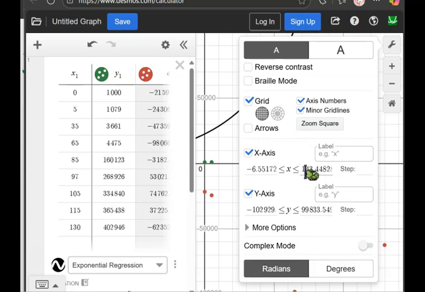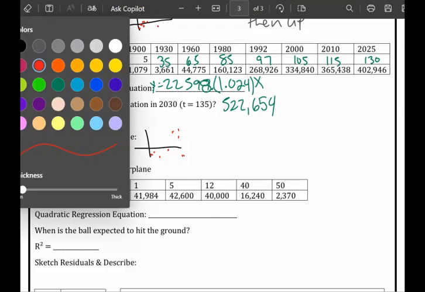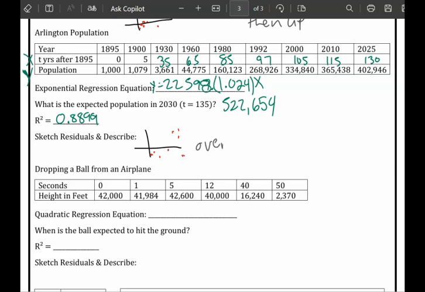But don't go too far out of bounds for either of the axis windows, or it will look like a straight line. Now, it's scattered right here and scattered up here and down there. This shows that it would be a decent indication of this model fitting the actual values. So we can write that overall, the residuals are scattered.